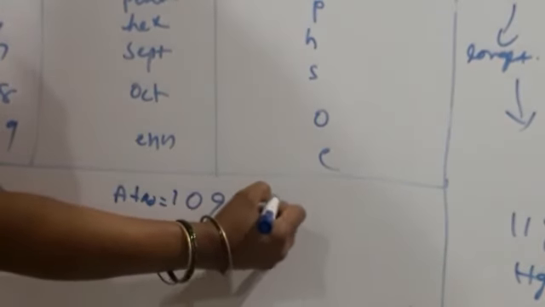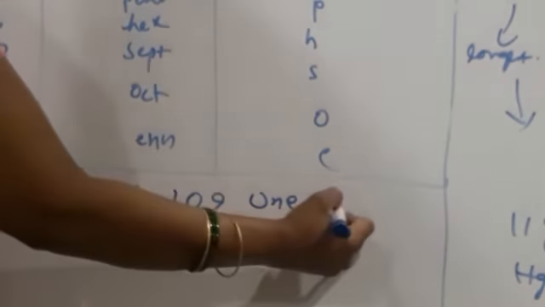So for atomic number 109, for 1 we use un, for 0 nil, and for 9 enn. Its name is Unnilennium.